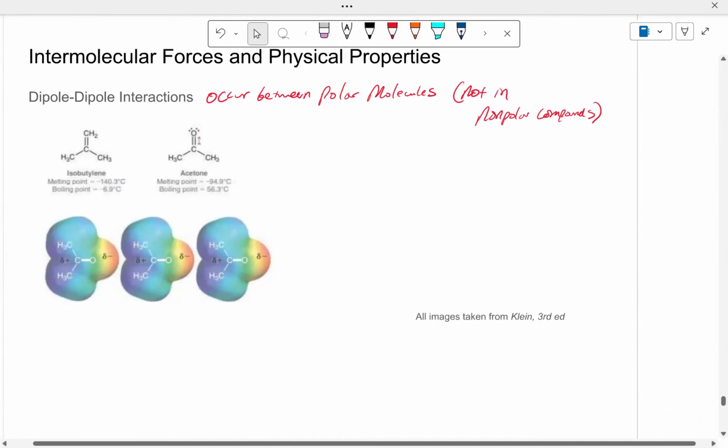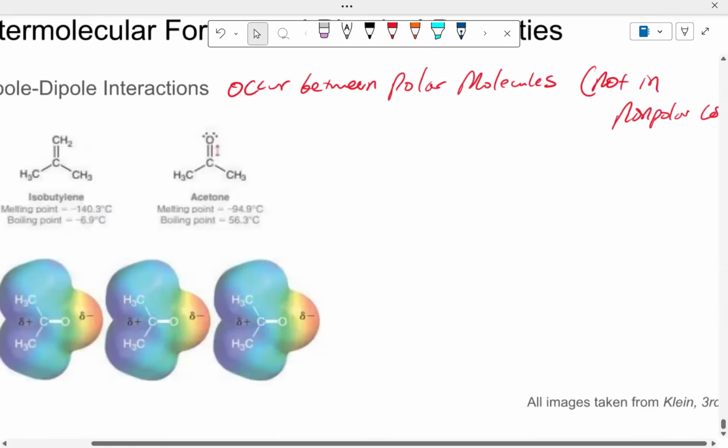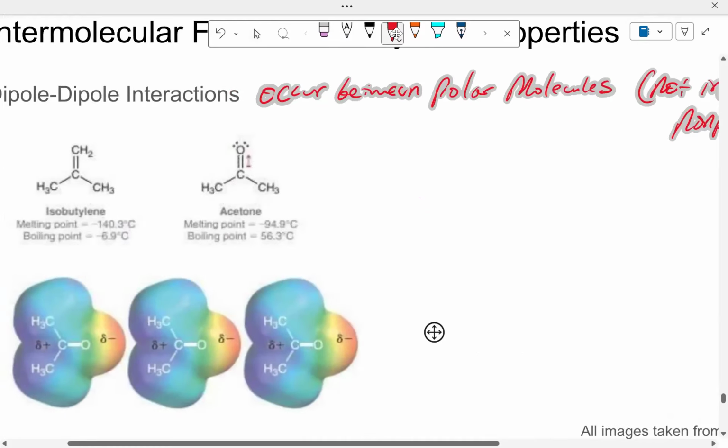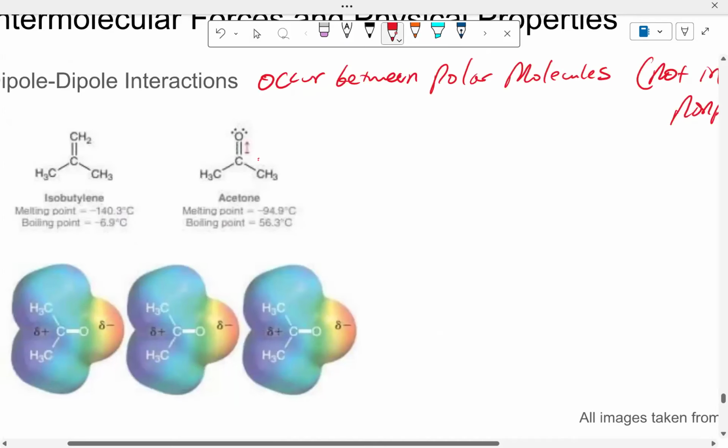Now, polar compounds have those. They have London dispersion forces, but they also have another intermolecular force, and that's when the opposite poles of one molecule are attracted to another. So take a look at acetone here. Acetone has a net direction of polarity towards the oxygen, and that makes this side partially negative and this side partially positive.